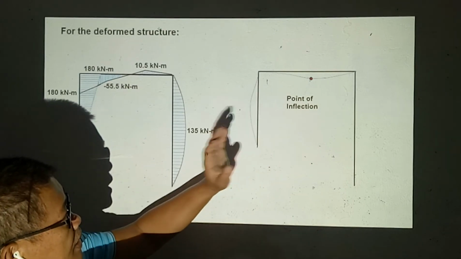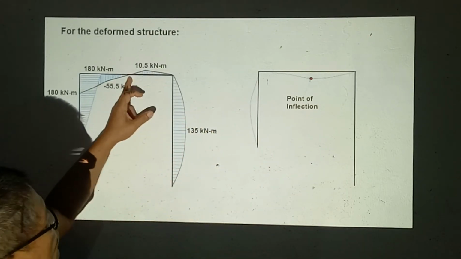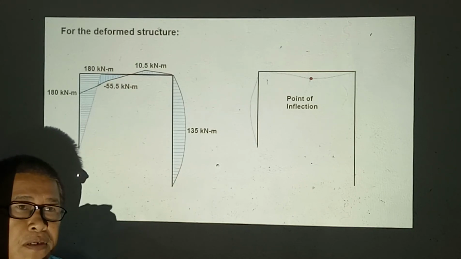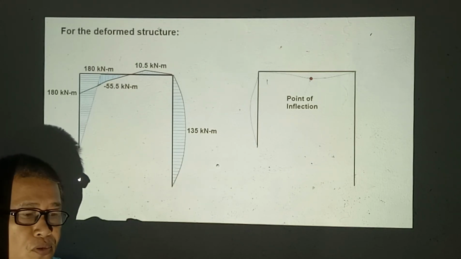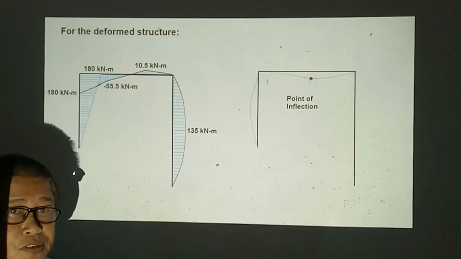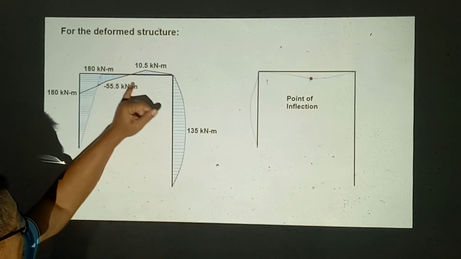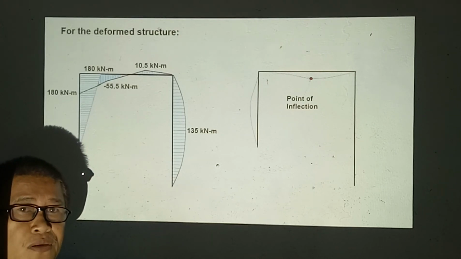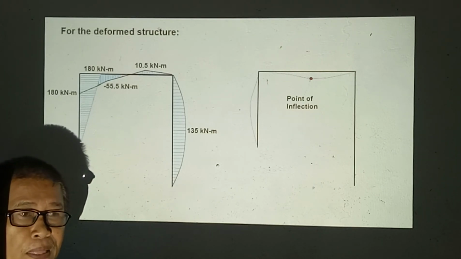It gives us the location where we can freely make our splices for reinforcement, or even for steel beams. We can also splice it somewhere at the point of inflection because it simply means that that point is not subjected to any stress because the moment is 0, so therefore the stress is also 0.